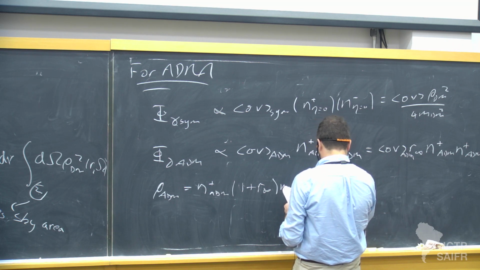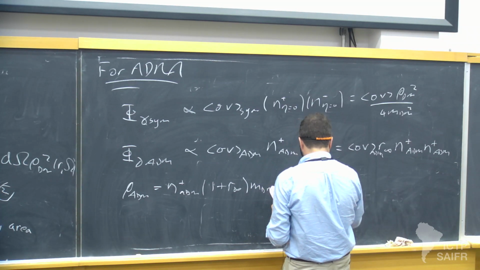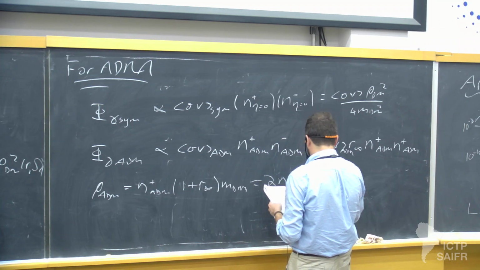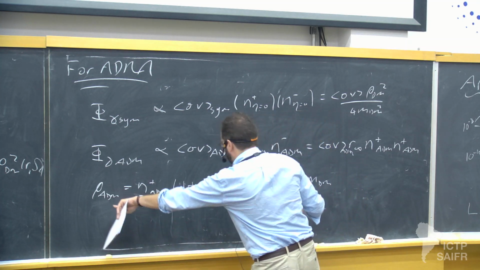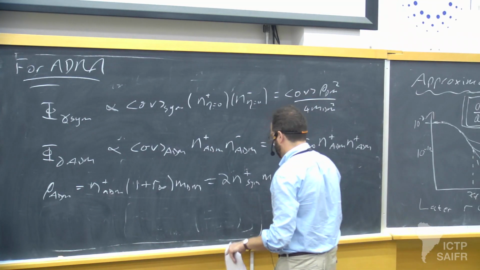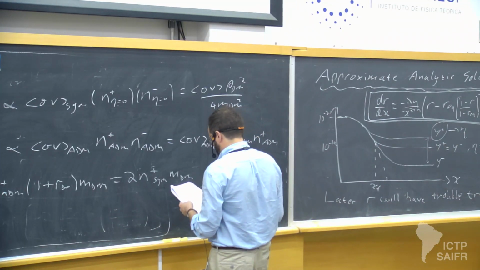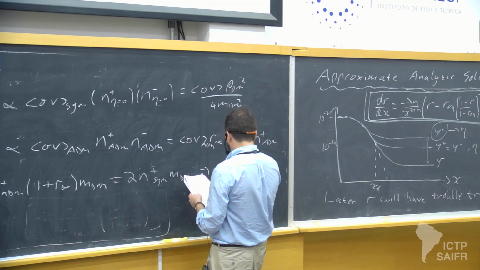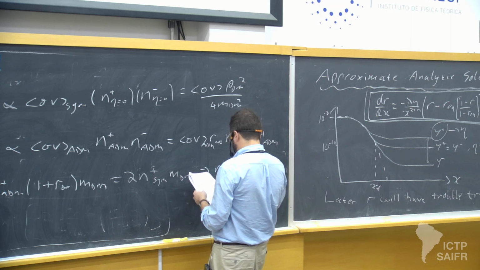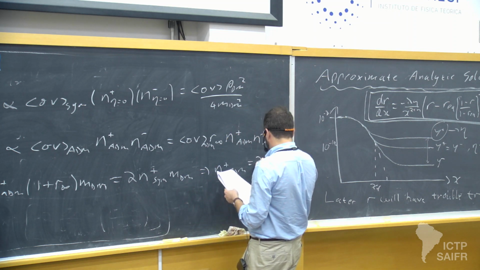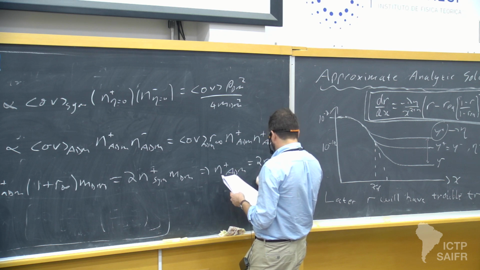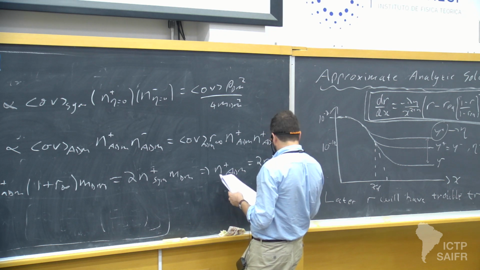And this is 2 n plus symmetric m dark matter, so the dark matter density is its observed value. And so we get n plus asymmetric dark matter is 2 n plus symmetric over 1 plus r infinity.